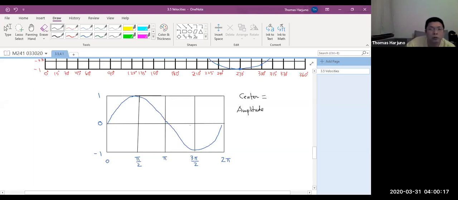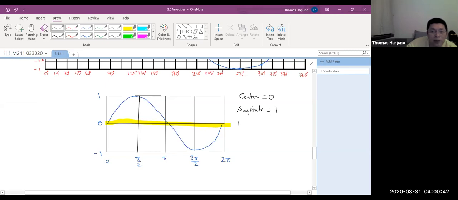We move around the center, y equals 0. And from that center, y equals 0, it goes at most 1 up, at most 1 down from the center. Therefore, we say the amplitude is 1.